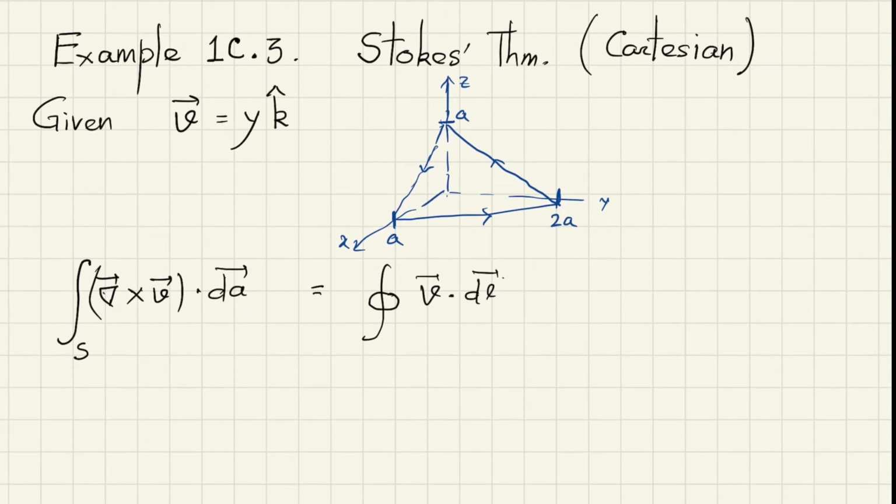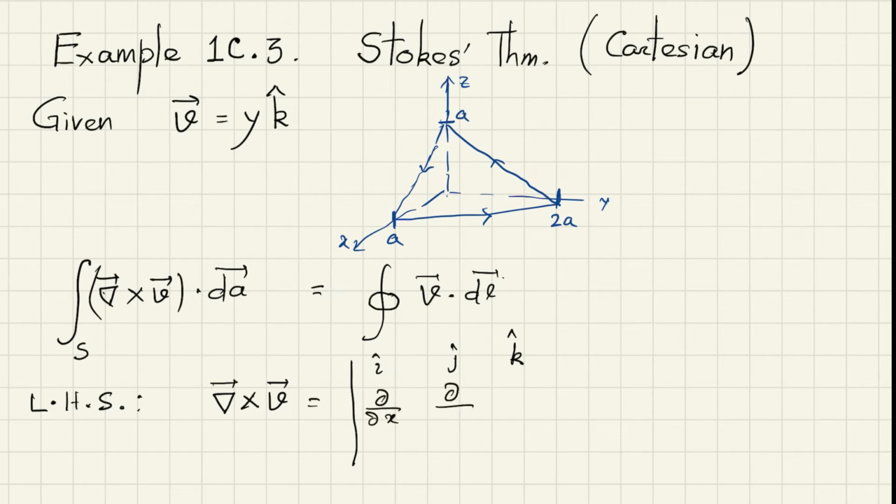Okay, so let us first evaluate the left hand side. For the left hand side, first of course you have to do del cross v, del cross the vector function, and that's easy in this case because this is i, j, k, and del by del x, del by del y, del by del z, and in this case what is given is 0, 0, and y.